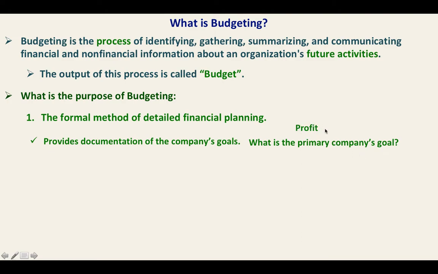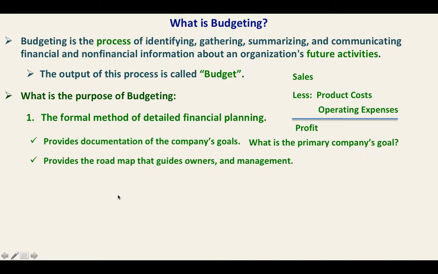And to achieve profit, we have to consider the sales of the company, the cost of the product, and the operating expenses. So sales less product cost, less operating expenses will give you the profit. So in financial planning, we have to plan on all of these elements of the profit.